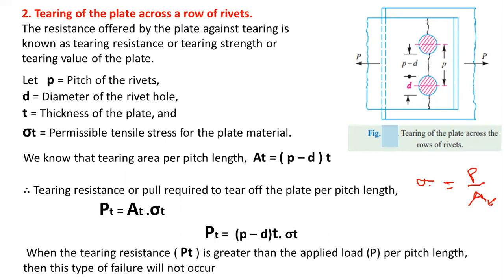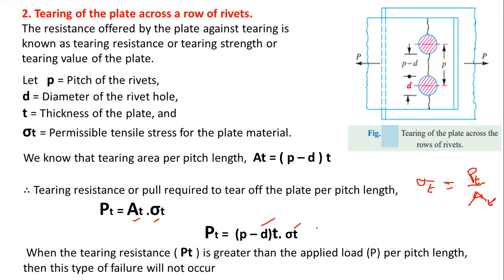Now sigma t is the tearing stress. For determining the tearing strength Pt, Pt equals stress into area. So area into stress is the formula for load, or tearing strength. So Pt equals (p minus d) into t, which is the tearing area, into stress. So this is the formula for tearing strength.